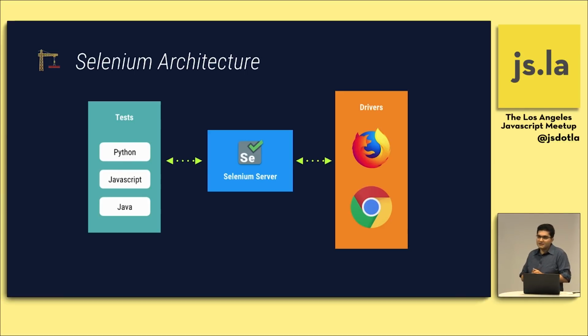But well, let's first look at the Selenium architecture and how it works. This is a gross oversimplification of the Selenium architecture, but it's there to make a point. So with Selenium, you write your tests in whatever language you like. These tests make requests to the Selenium server, and then the server makes requests to the browser to drive actions on the browser.